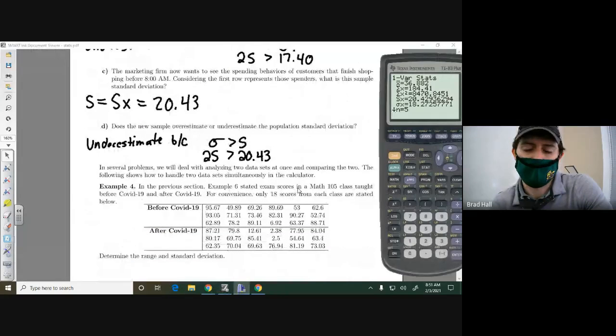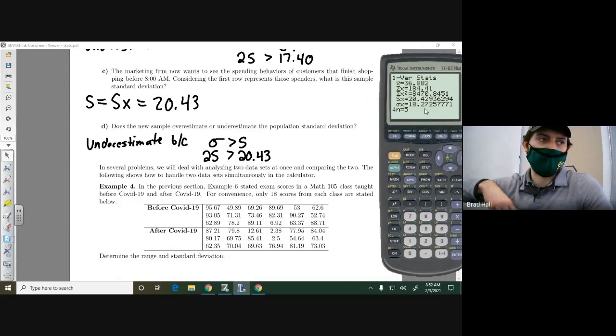so there's going to be a few questions, and you might have already noticed this with the measures of central tendency, that sometimes they'll give you two data sets, and you'll have to compare those simultaneously. Now, one thing you could do is do one data set, figure out its answers, write those down, and then do another one.